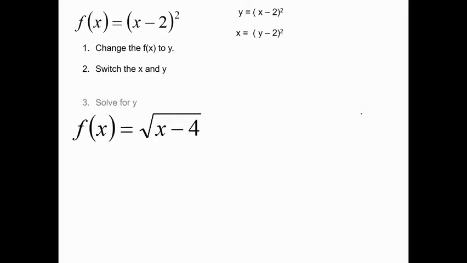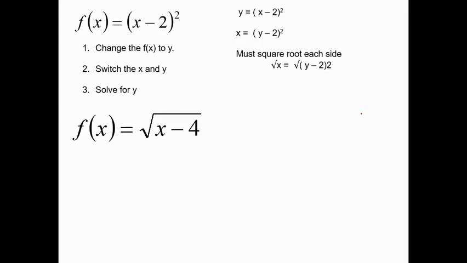Let's look and see what happens when we have an exponent or a square root. Again, we're going to change the f of x to y. So y is equal to (x minus 2) squared. We're going to switch the x and the y. So x is equal to (y minus 2) squared. Then we're going to solve for y.